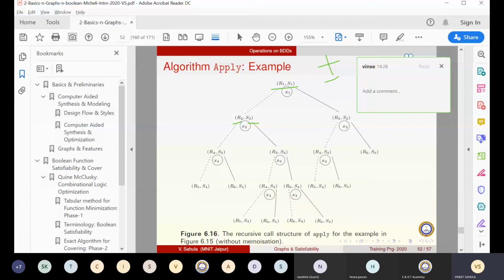Do the same operation. The right side of R1 is R3, the right side of S1 is S2. Do the same operation between them. But we cannot do the operation between the vertices unless we reach the leaves. So we keep descending down the tree, both sides, till we reach the leaves. And once we reach the leaves, which have values, we can operate.